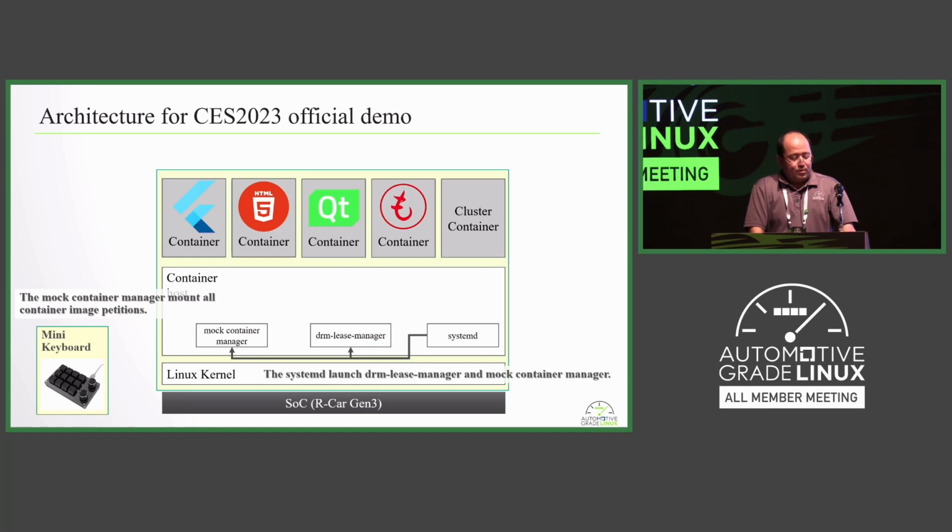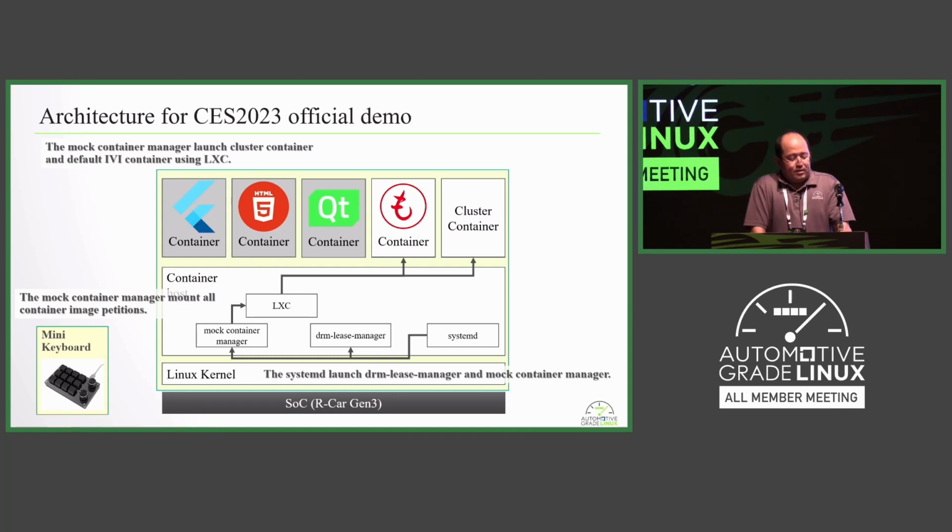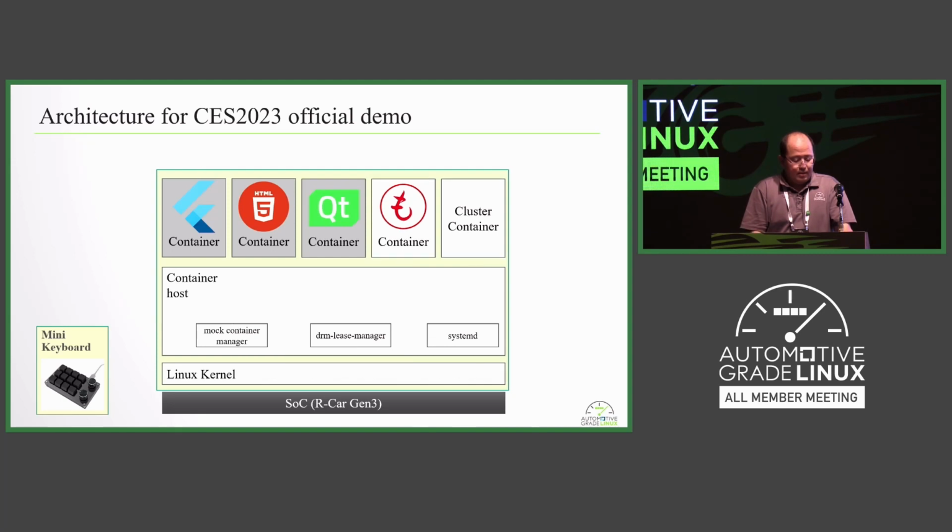The mock container manager mounts all container image partitions, and launches the cluster container and the default IVI container using the LXC runtime. Then the mock container manager receives a container exchange request to Qt IVI.